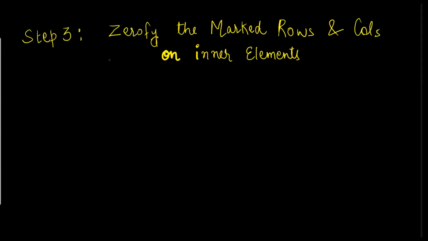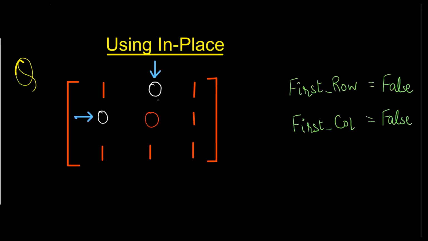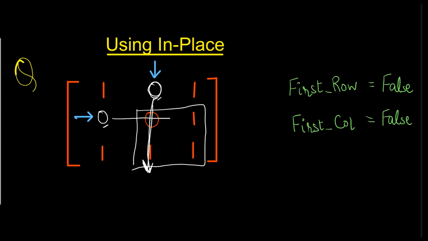Now the third step: verify the marked rows and columns on the inner elements. Here I have marked this 0 and this 0. The inner elements are these. On the basis of this 0, I will make this column and this row 0.